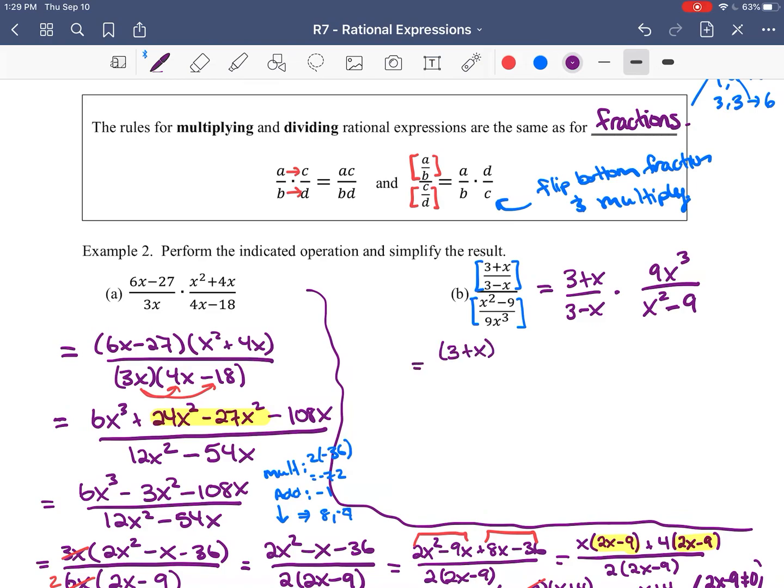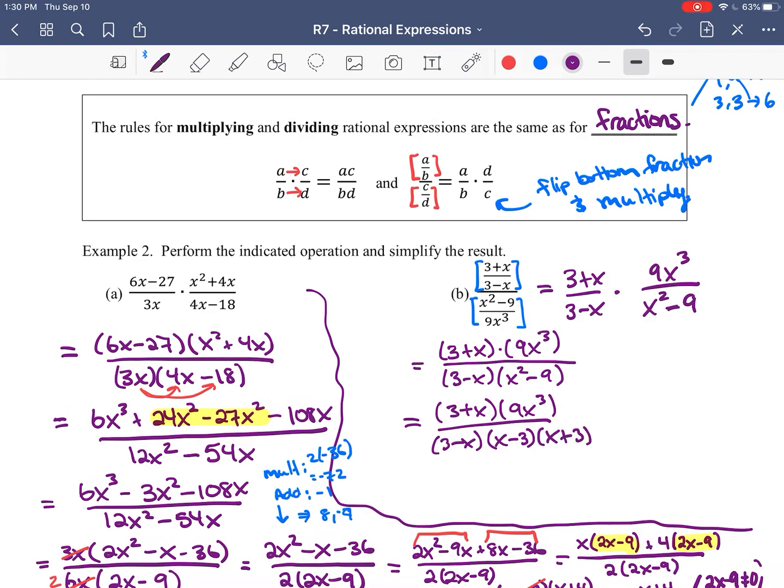I'm going to have 3 plus x times 9x cubed divided by 3 minus x times x squared minus 9. Now x squared minus 9 is a difference of squares, so we could factor it to see if there's any common factors. x squared minus 9 simplifies to x minus 3 times x plus 3.